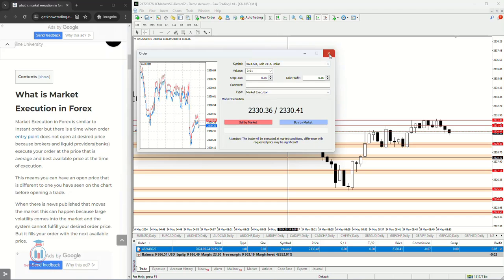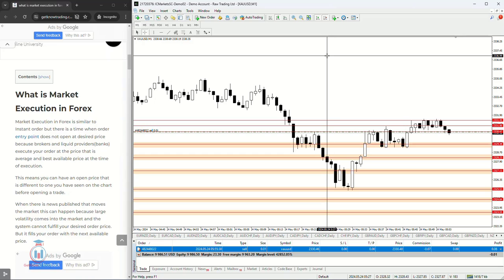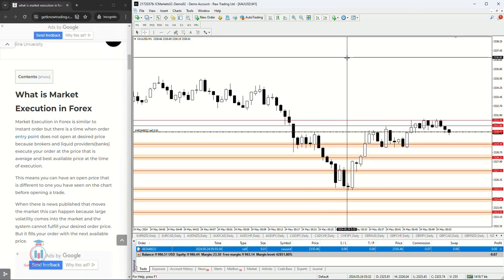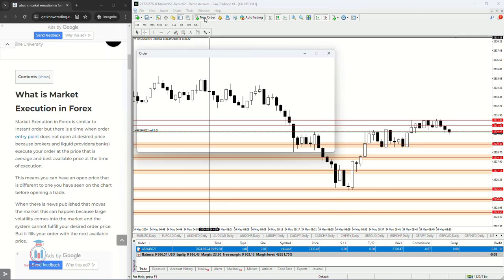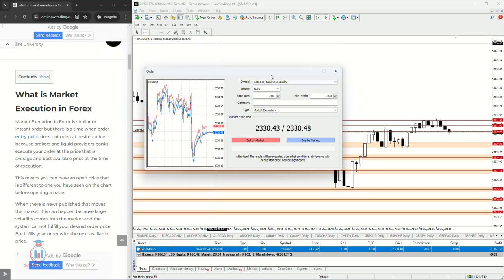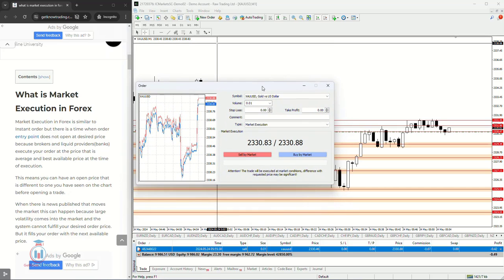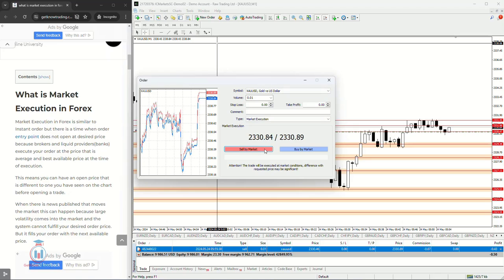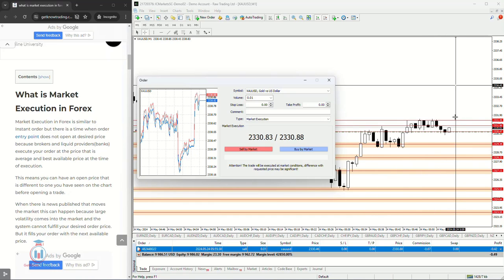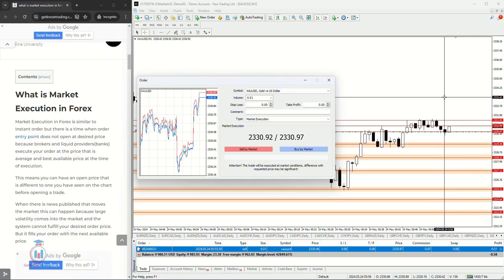Second, why is it very good to have market execution? There are also advantages to this type of order. For example, if there is very high volatility, the broker will activate your order even though there is high volatility. High volatility means that the price is jumping all the time, very fast, up and down, and that is mostly when news is available on the market.